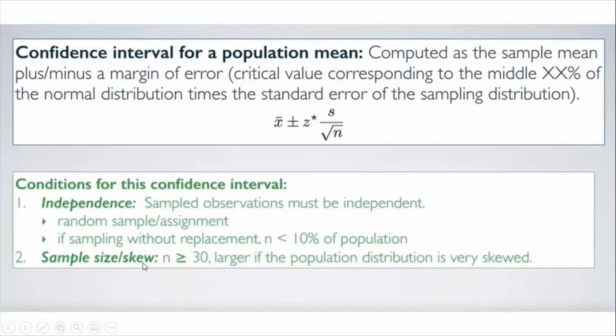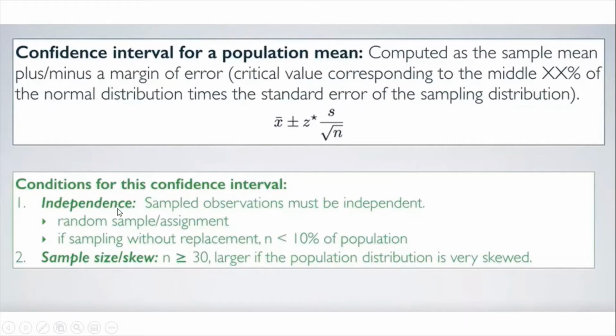Then the sample size or skewness. As a rule of thumb, our sample size should be greater than 30, or larger if the population distribution is very skewed. But normally we don't really know what the population distribution looks like, so we need to recruit a sufficient sample size, greater than 30.